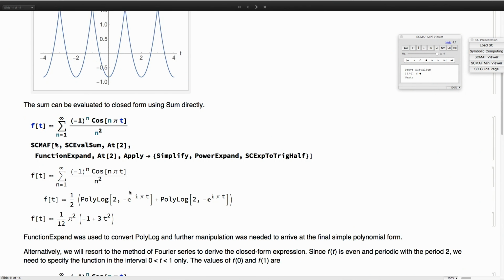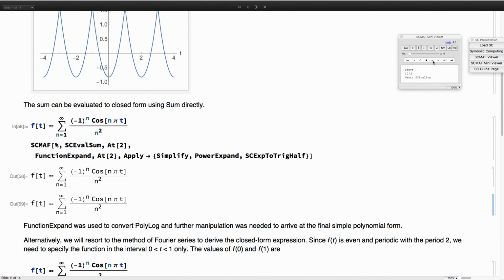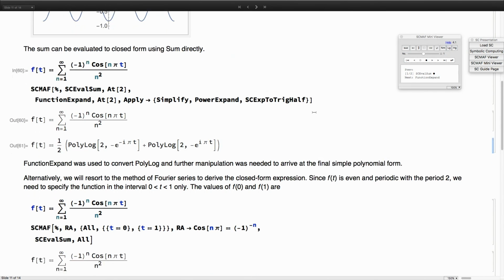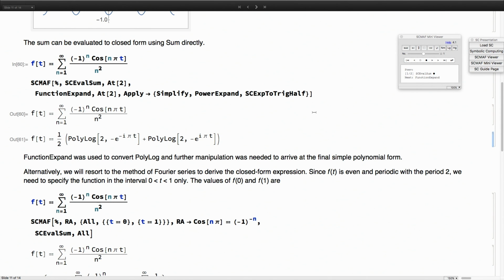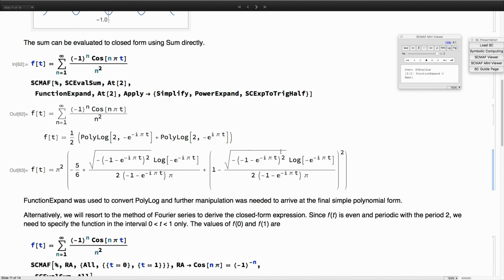And this sum can actually be evaluated. I tried it. If I evaluate the sum, the first result is given in terms of a polylog function. But it doesn't give much insight about the behavior of the function. So I call the function Expand. If I do that, then this is the result.